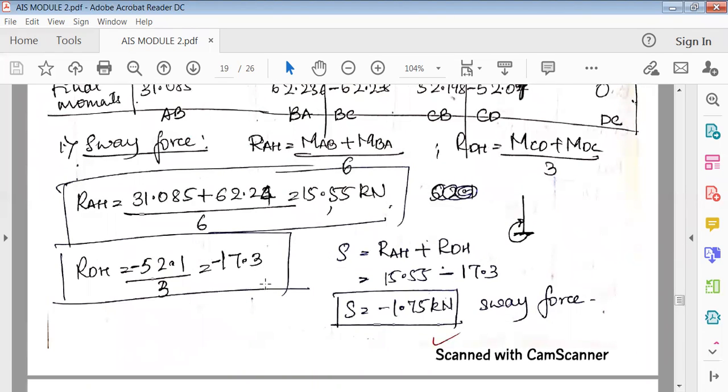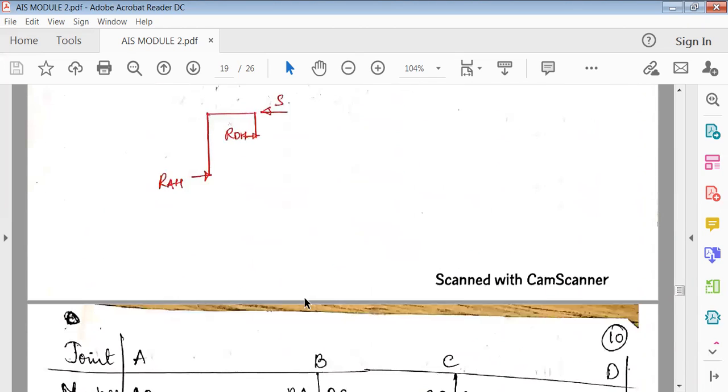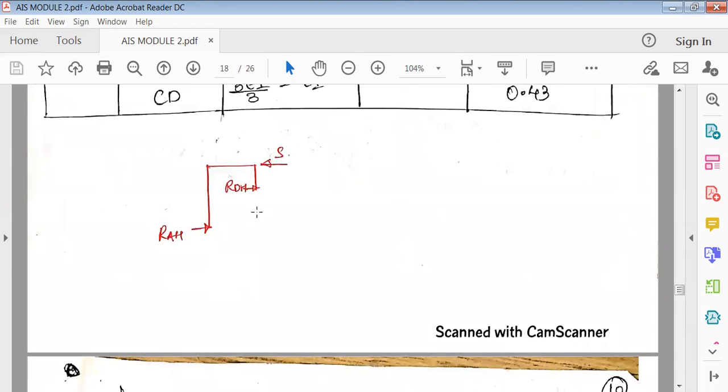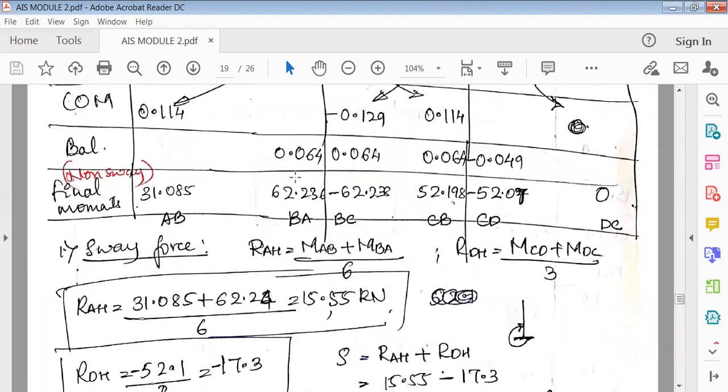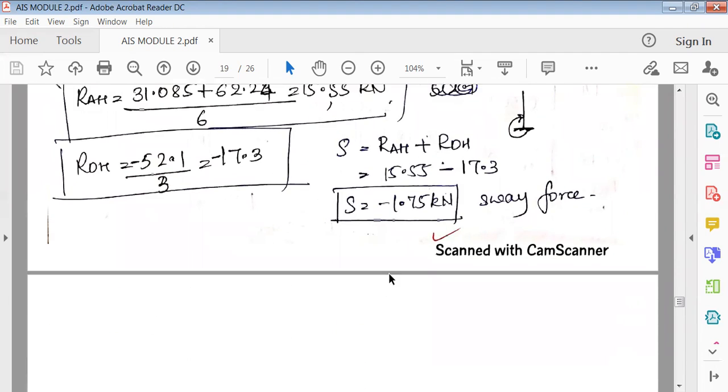So now the sway force. Now this sway is one such force. You can see here RAH and RDH are acting to the right side. We're going to assume that these are the forces which are going to act to the right side. Now to stop this movement, the sway force is acting to the left side. So S is to the left. Now to keep it in equilibrium, S is equal to RAH plus RDH.